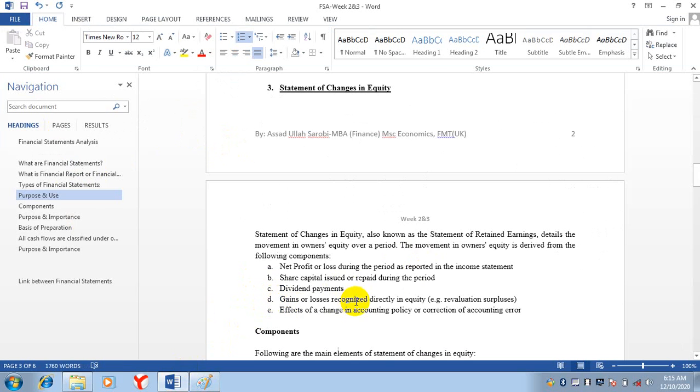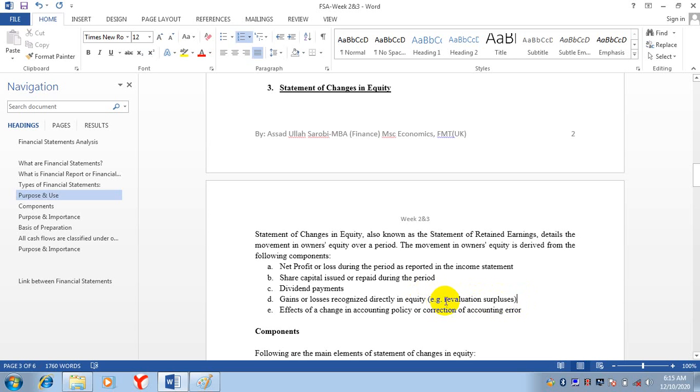Gains or losses recognized directly in equity: revaluation surpluses. We discussed revaluation surpluses in the previous class. Suppose we purchase bonds or shares and we revalue these assets or bonds, and there are gains or losses from the revaluation of these shares and bonds.